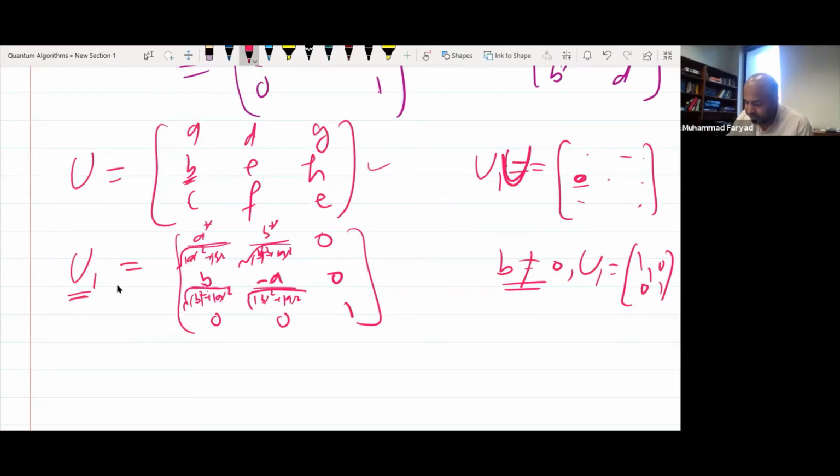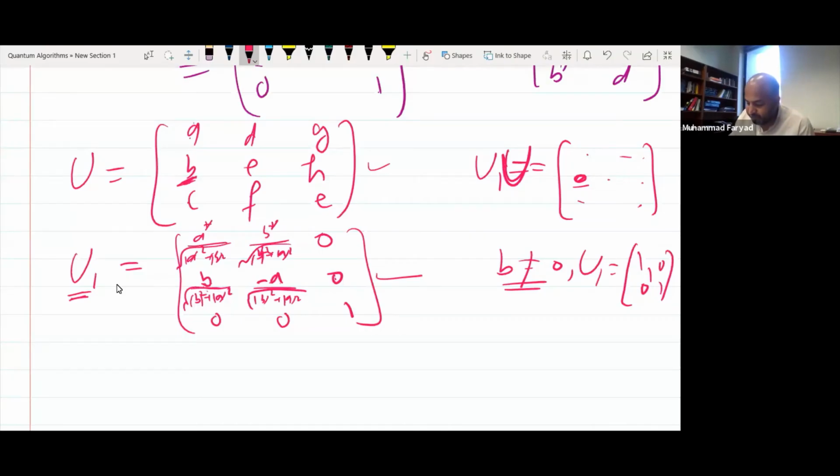So I started from this, that I wanted to make a 0 at the place of B. And for this, I figured out that this second row in this unitary has to have this form, since this is going to be multiplied with the first column: element B here, so that when this multiplies with A, I get AB, and minus A here, so that when this multiplies with B, I get minus AB, and the sum is 0.